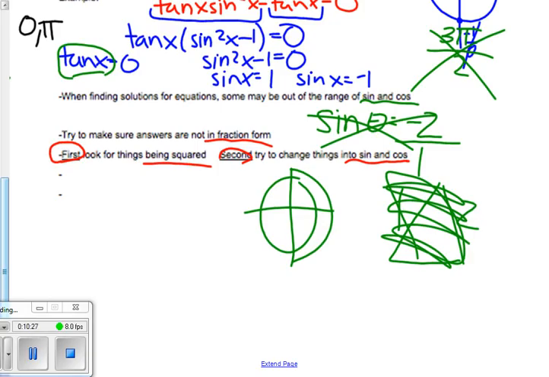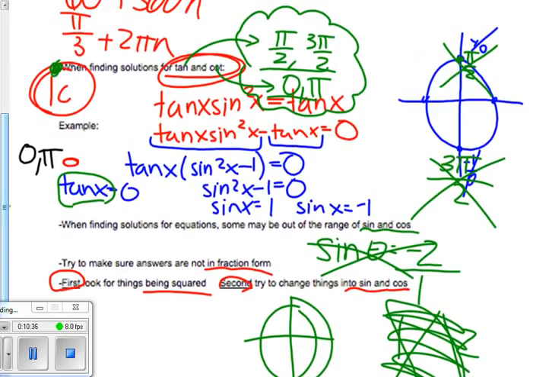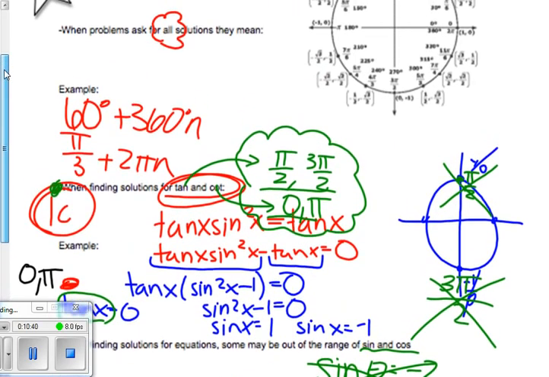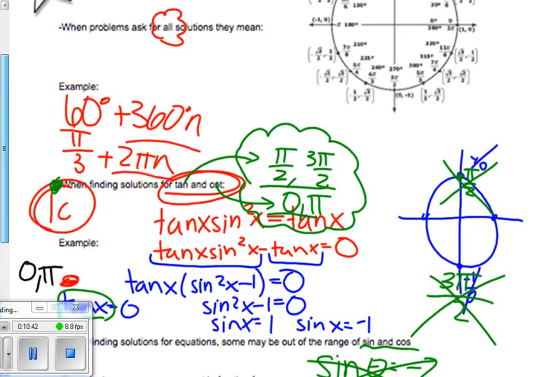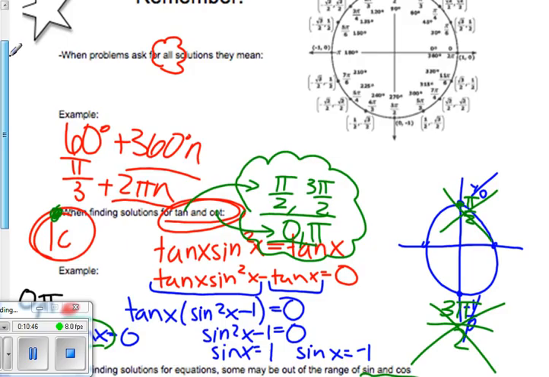Has this sheet been helpful? I think these are the little things that you might forget on your test. That's why I pointed them out. Especially forgetting that they're undefined, and this, when they say all solutions. So if they don't give you an interval, look to write something like this. Okay.